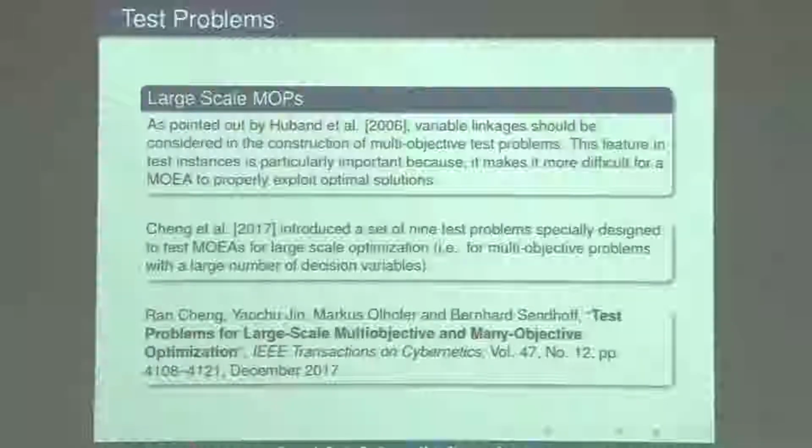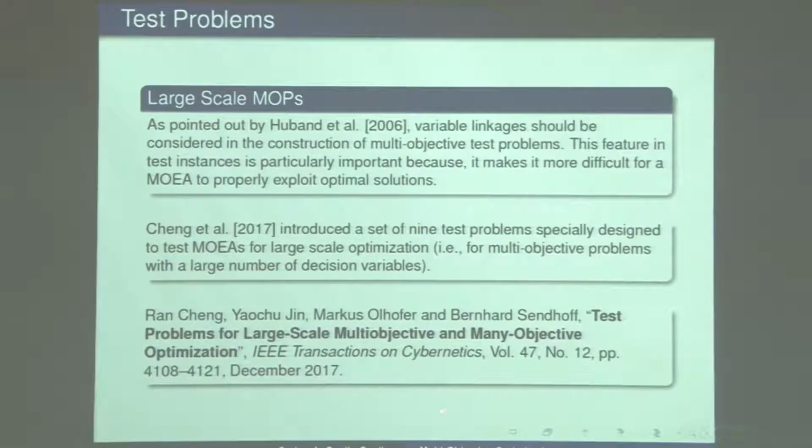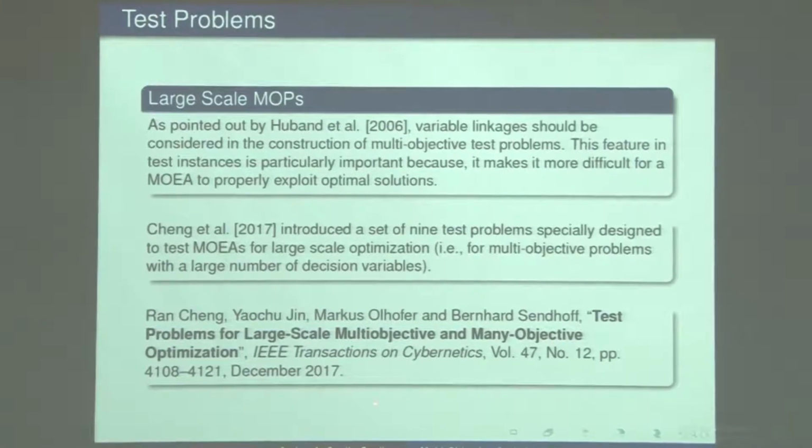So before this benchmark was published, you see it's very recent, from December 2017, just 3 months ago. Before this benchmark existed, people used the ZDT or the WFG. Those are scalable in the number of decision variables. You don't have to increase the objectives, you can just increase the number of decision variables.